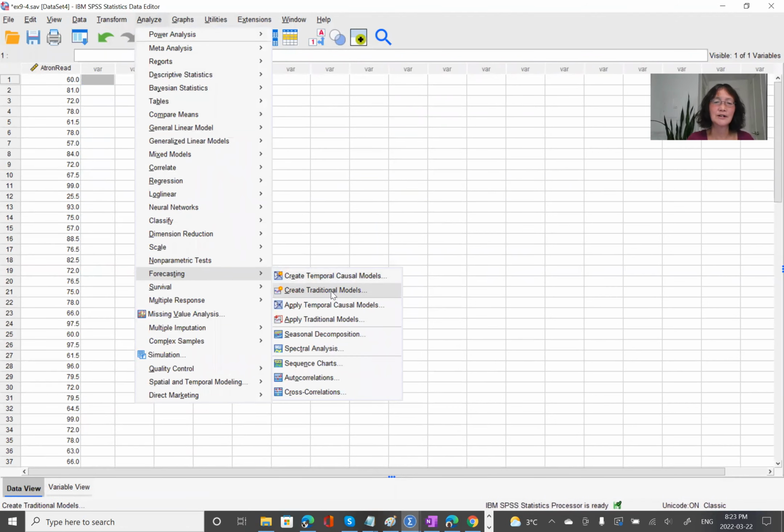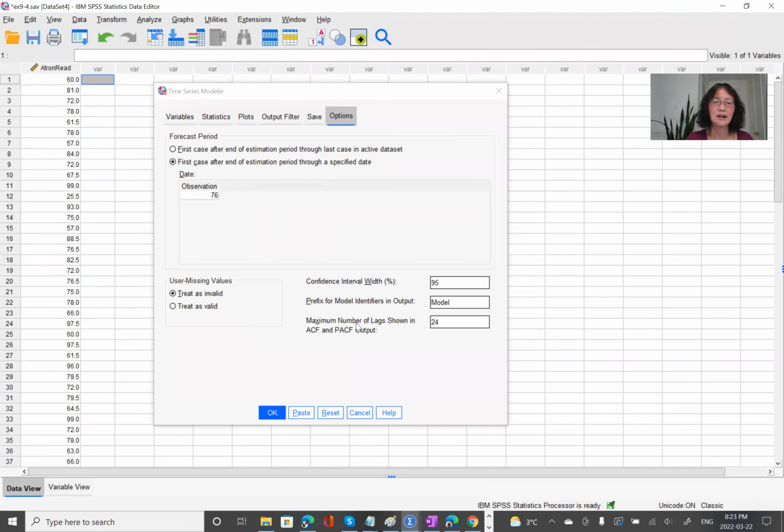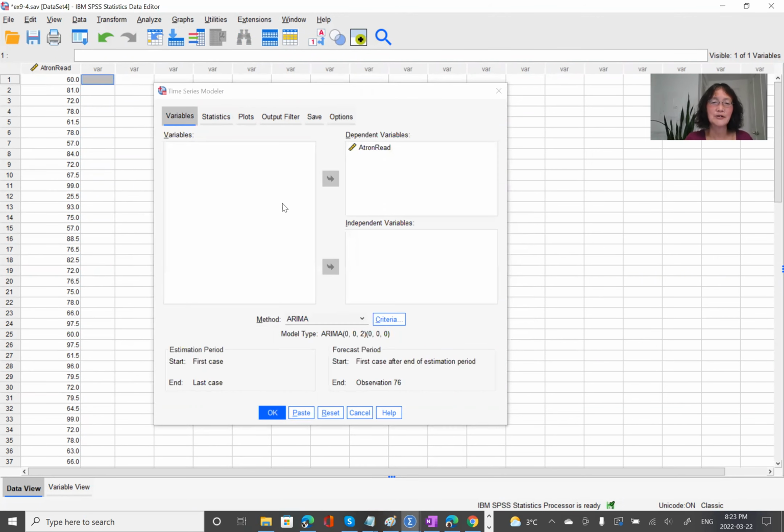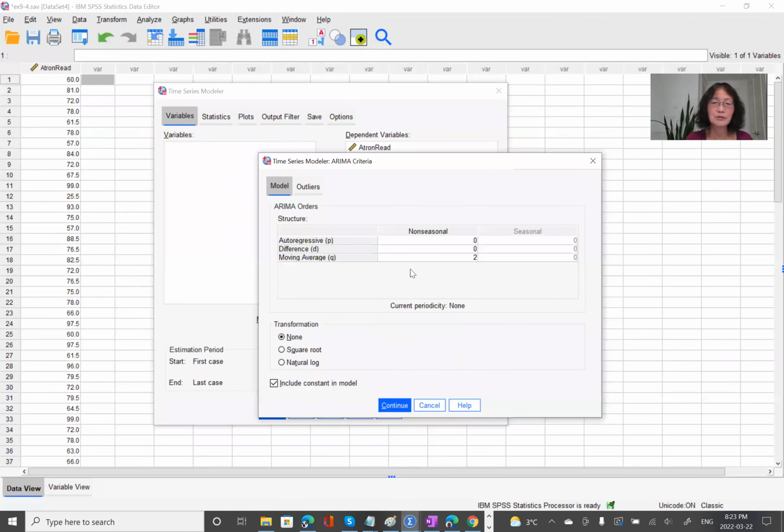Analyze, forecasting, traditional model. Variables, ARIMA criteria. I'm going to do AR1, so the first one is 1 and the others are 0. So this is AR1.